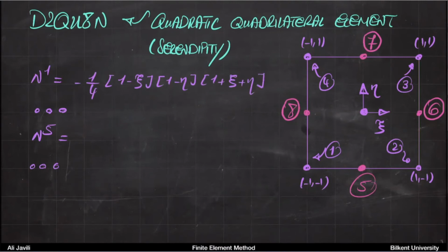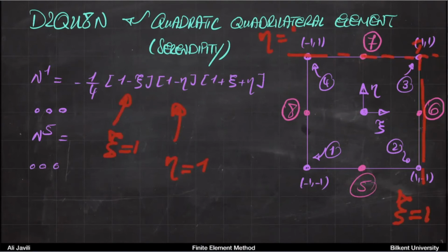Does that make sense? So if you look at this now, if xi is 1, or if eta is 1, you are talking about these two lines respectively. So this is xi equals 1, and this is eta equals 1. So you want to make sure it is 0 on those two lines. Perfect. Those first two terms, they do that for you.